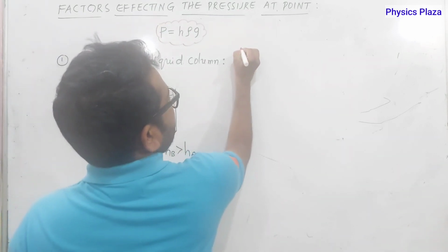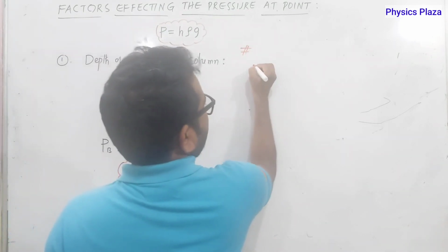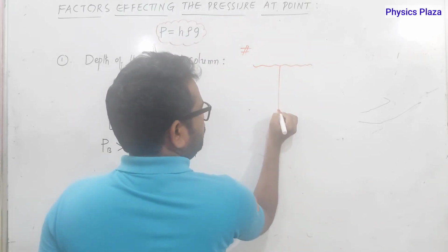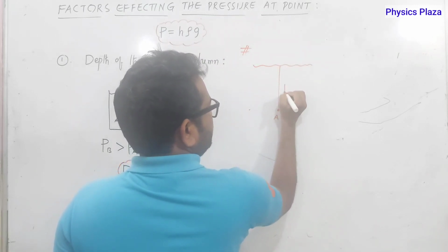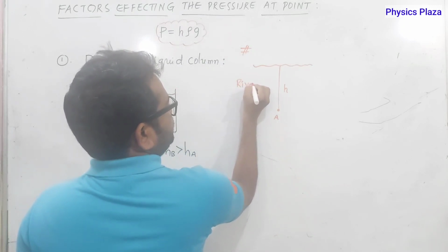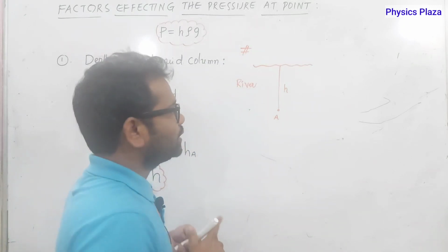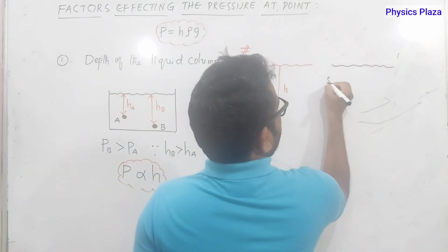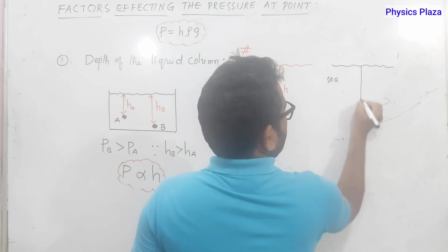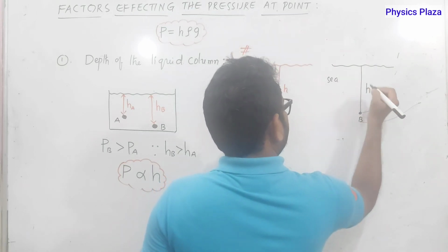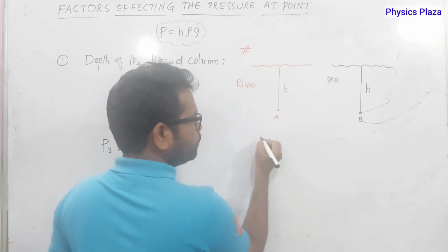Some application question, let us see here. As I said, it is a river. One point A is taken at a depth h. Let me write river, otherwise you won't believe that it is a river, right? Okay, fine. And here, a point B is also taken at the same depth h. Four options I'll give you.